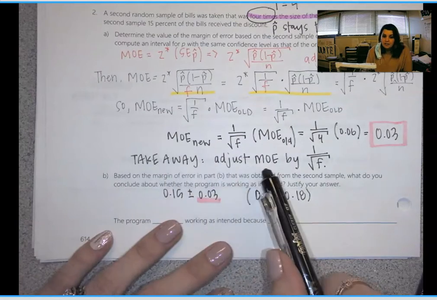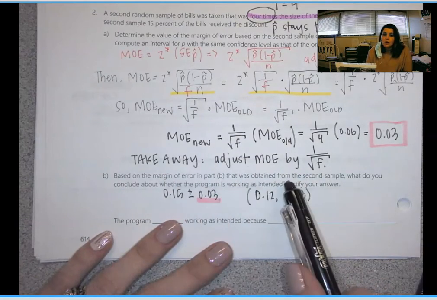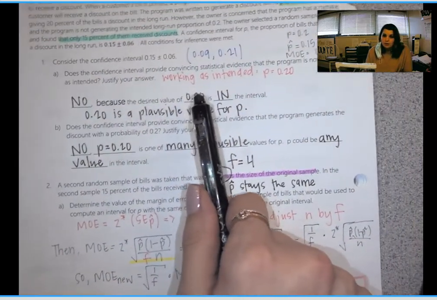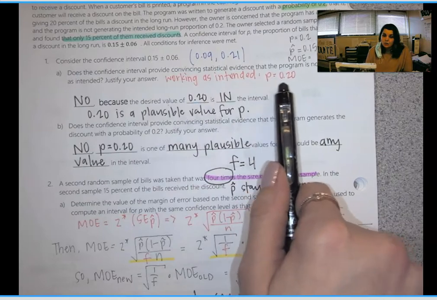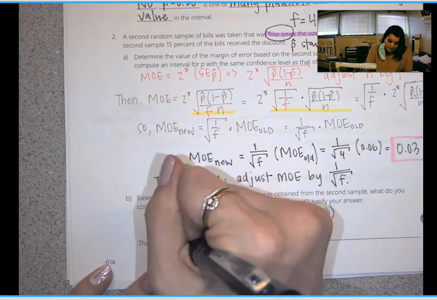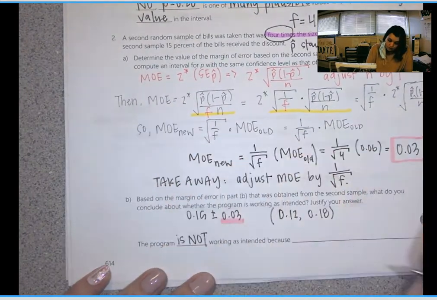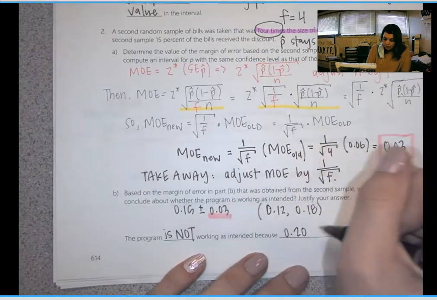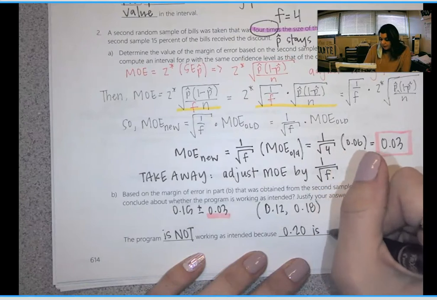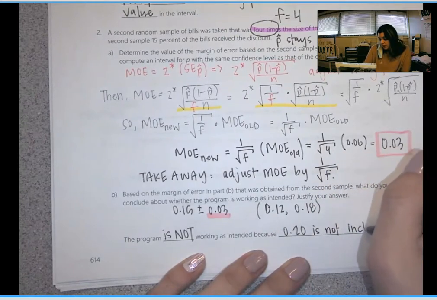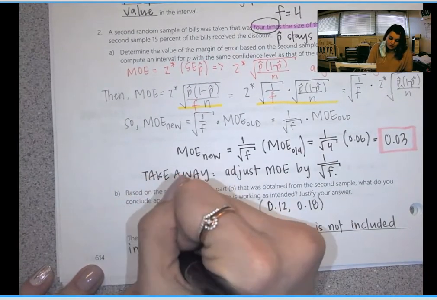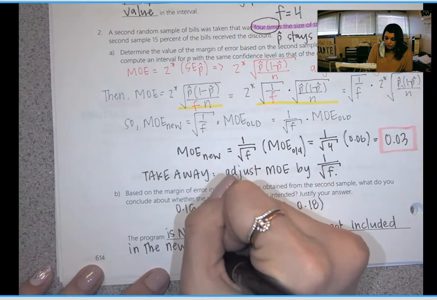So based on this second sample, what do you conclude about the program working as intended? Now remember, working as intended is 20%. The program is not working as intended because 0.20 is not included in the new interval.